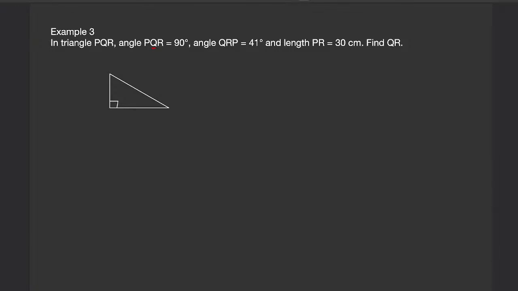So for angle PQR, the point Q is where our 90 degrees is. So this is the point P, this is Q, and this is R. So angle PQR is 90 degrees, and the point Q is where our 90 degrees is, right?